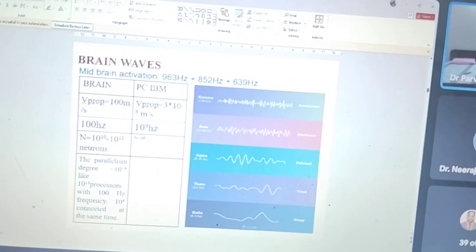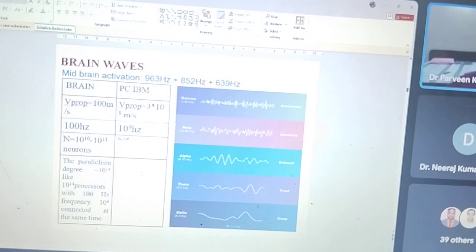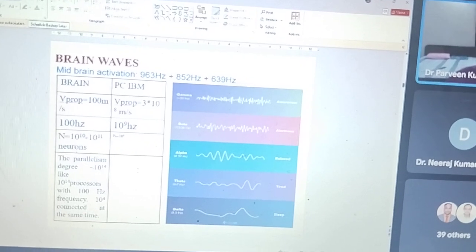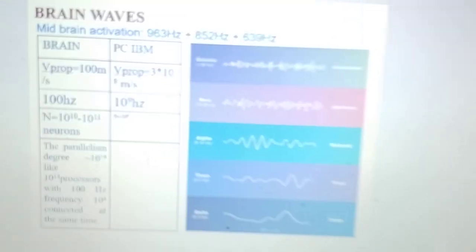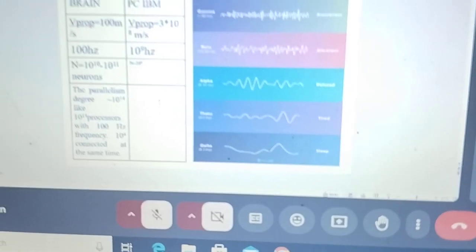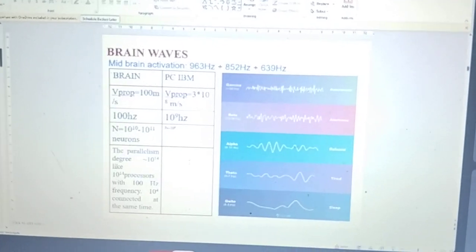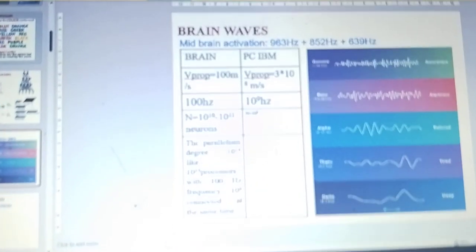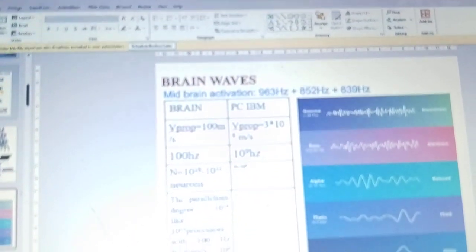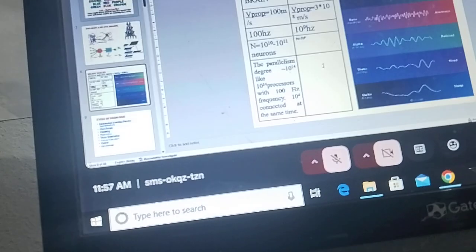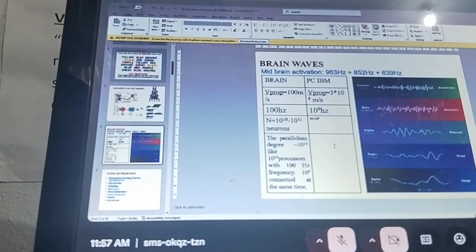But in your computers, the voltage is in the range of volts. The number of processors inside a quad-processor computer is just 4, but in the human brain, the number of processors is about 10 raised to power 11.